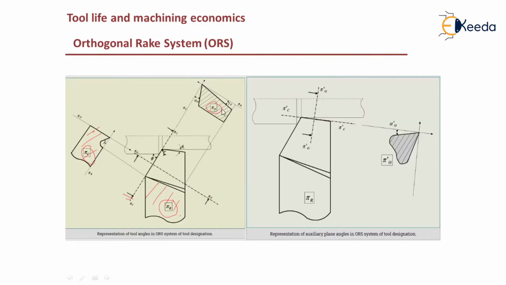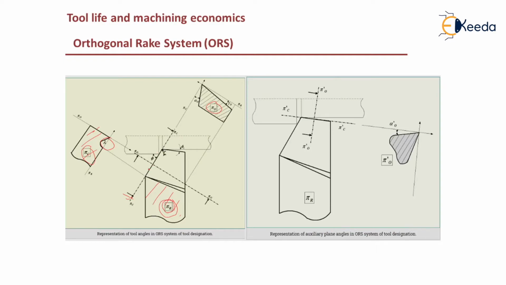You have other angles also, shown in this figure. You have the inclination angle lambda, shown here. This is the inclination angle, the angle of inclination of the tool's principal cutting edge from the reference plane pi r.